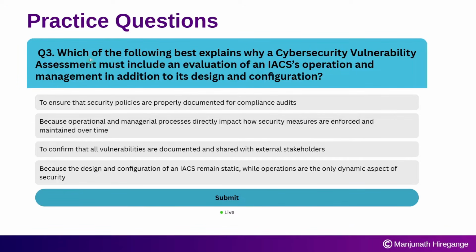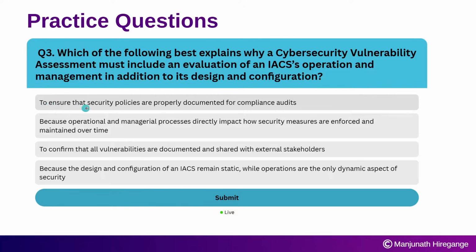Question number three. Which of the following best explains why a cybersecurity vulnerability assessment must include an evaluation of IACS operation and management in addition to its design and configuration? So what we are talking about is a cybersecurity vulnerability assessment.